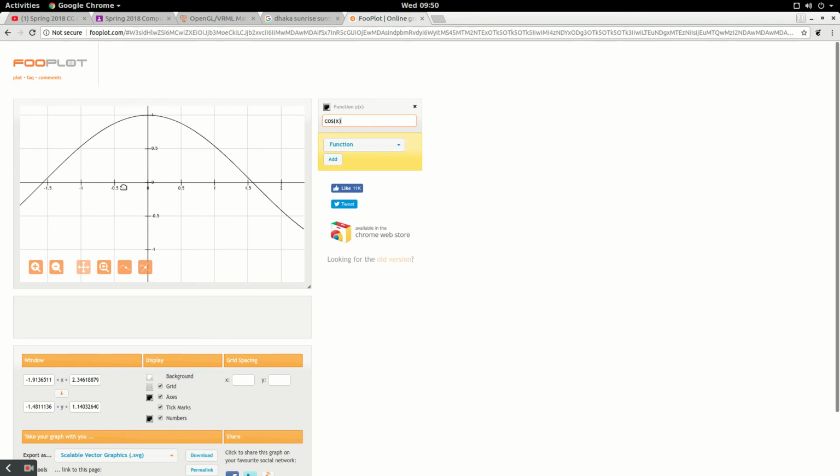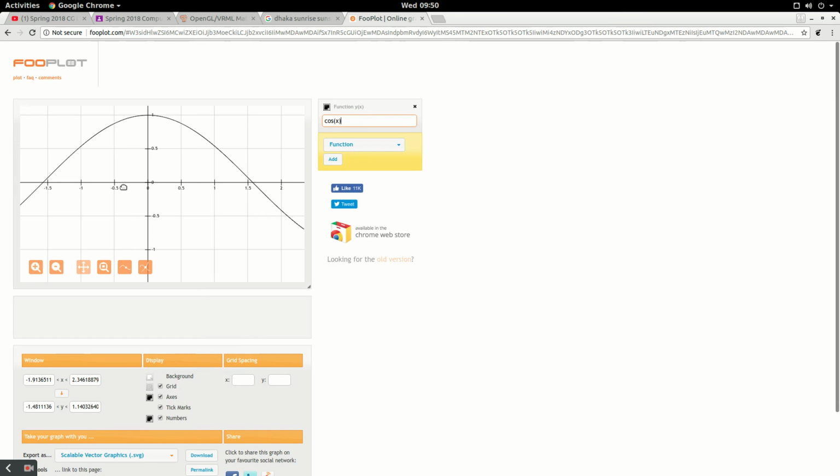That's also 0. This is pi by 2, that's 0. And over here, this is minus pi by 2, negative pi by 2. That's where also cos is 0. Okay? And down here, at pi, cos is minus 1. The cos value ranges from minus 1 to plus 1. It oscillates between that. Okay, it goes up and down.